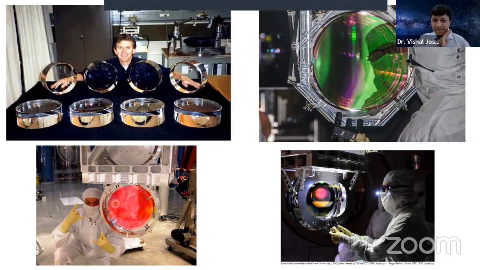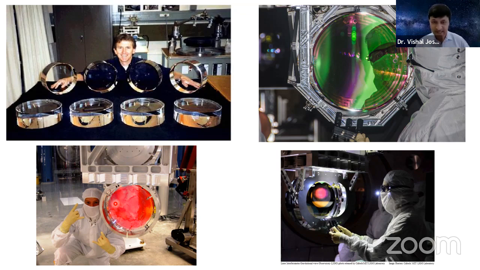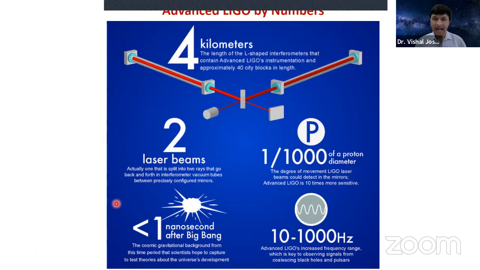This is a billion-dollar experiment. And here is the quick view. This system can detect a deviation of these arm lengths of a 1,000th of a proton diameter. Very precise system. Now this is not easy.